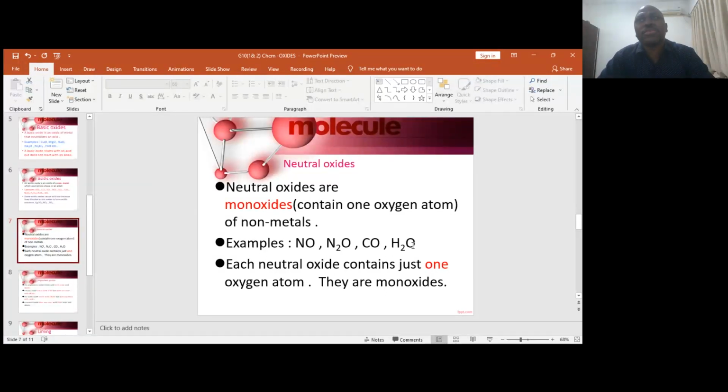Chromium is Cr. That is basic because chromium is a metal and it is not one of those amphoteric metals. So chromium 3 oxide is a basic oxide because chromium is a metal.